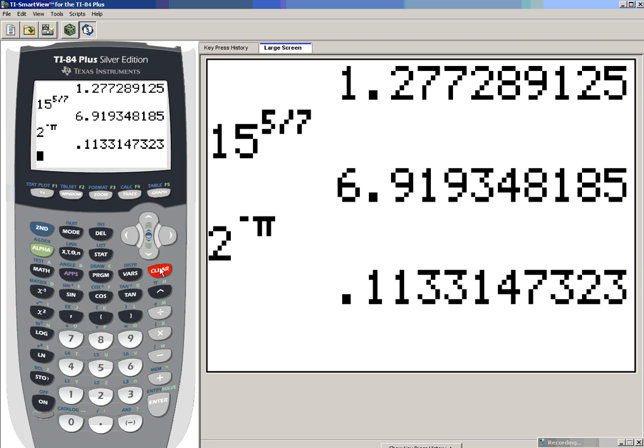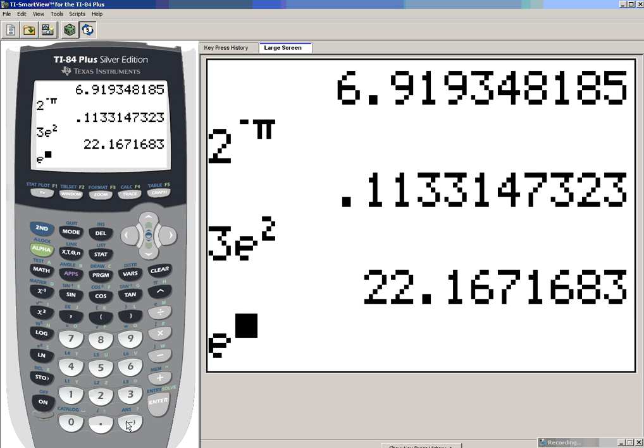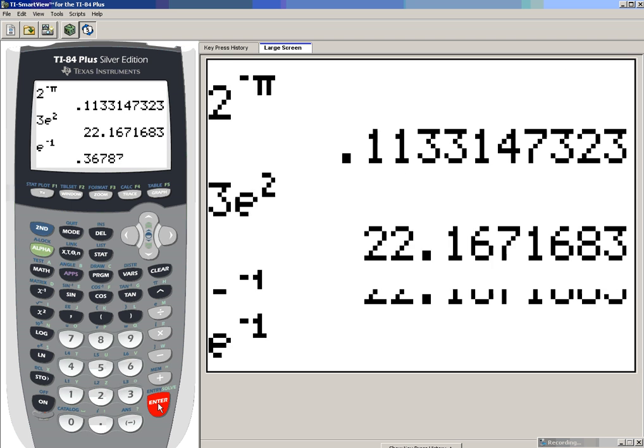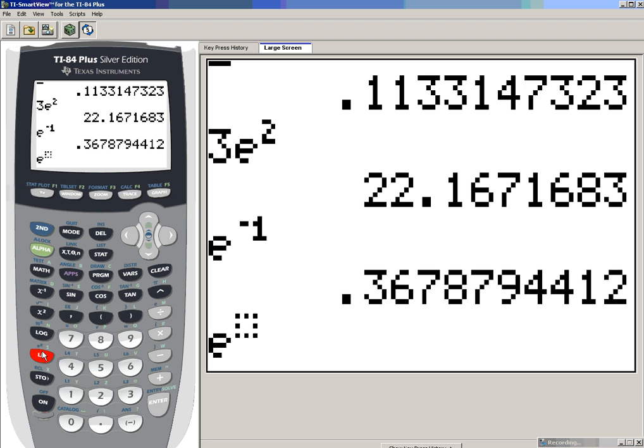Actually, before we do that, that was 3 times e raised to the second power. There's that. Next one was e to the negative first power. And the last one, e raised to the 0.12 times 4 power.